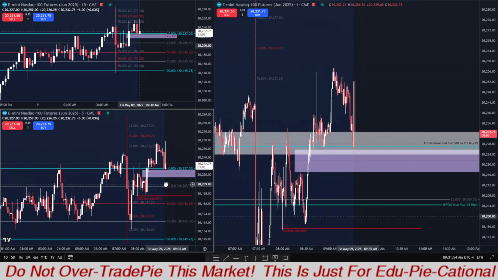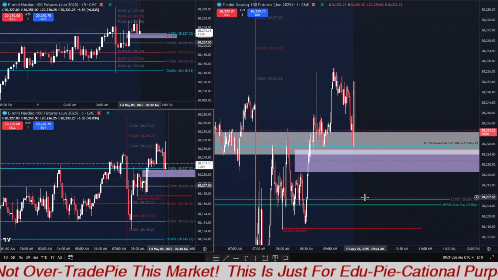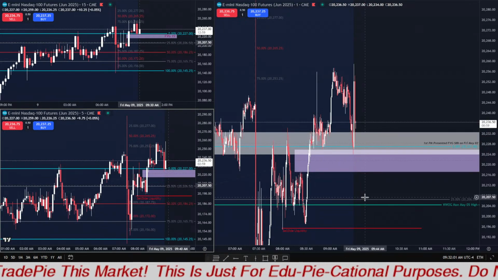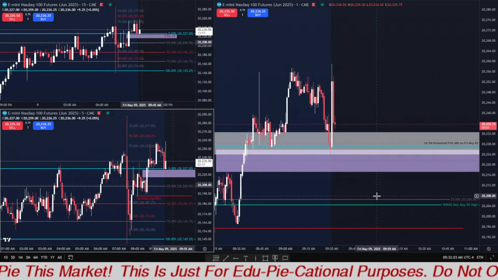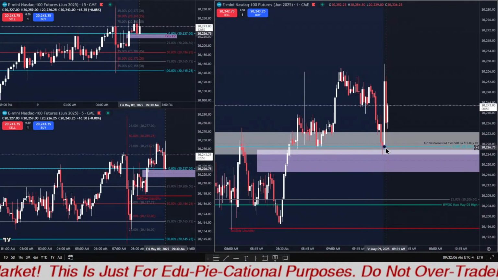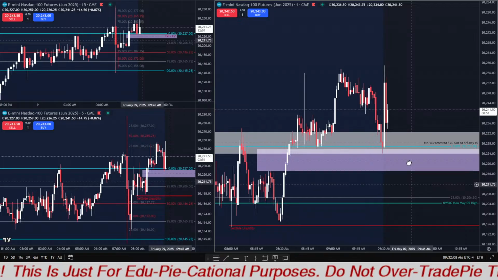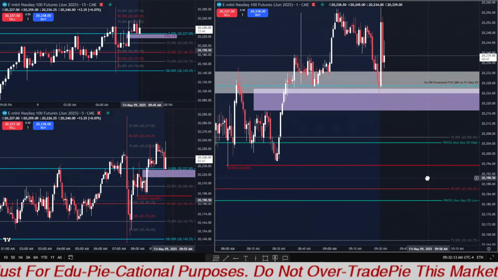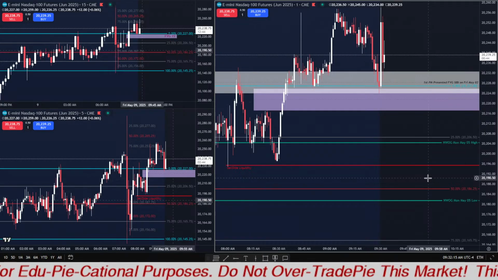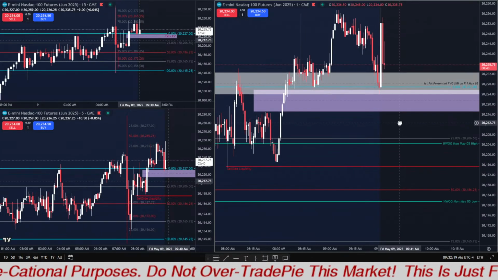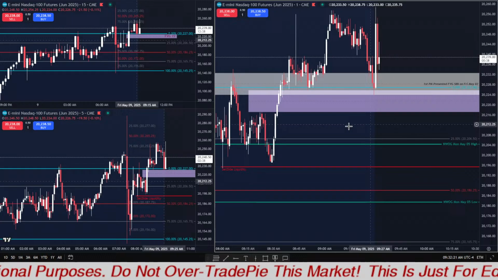All right. This is the opening price, and down here we have the 50% of the opening range gap. So far we don't have any first presented fair value gap formed.